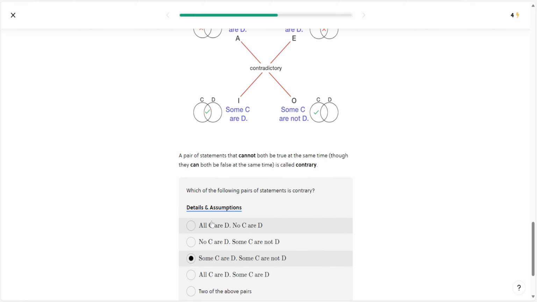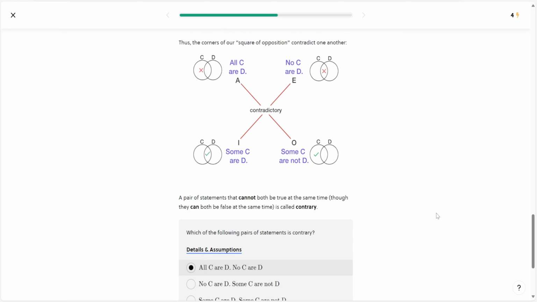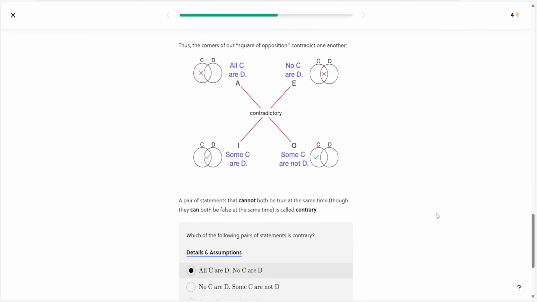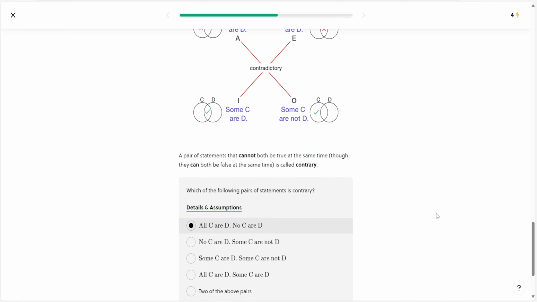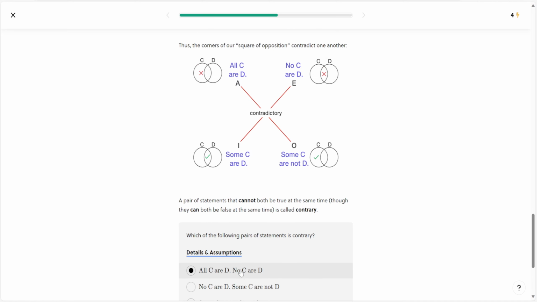Wait a second, is it the top one? I'm really struggling with this. All C are D and no C are D cannot be true at the same time, though they can be false at the same time. How can they be false at the same time?